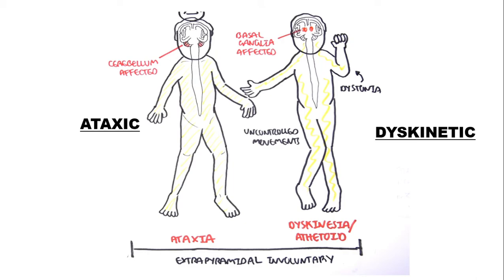As a result of cerebellar dysfunction, the person will have a wide gait, incoordination, and involuntary movement. Lastly is dyskinetic cerebral palsy, which involves damage to the basal ganglia, creating dystonia, which is the commonest presentation. This is characterized by involuntary muscle contraction, causing repetitive movement of joints.